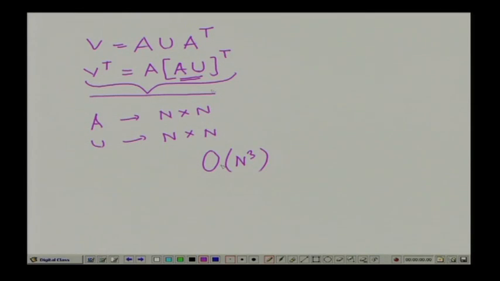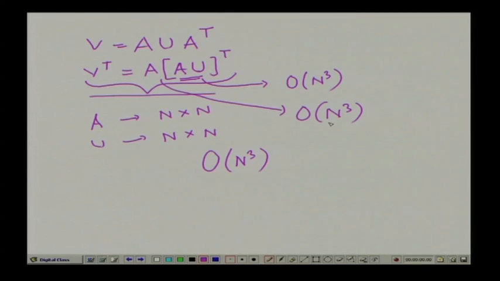So, to perform this first multiplication, we need of order n cube multiplications and additions. The resultant matrix is also of dimension capital N by capital N, and the second matrix multiplication, that is A with A U transpose, will also need of order n cube multiplications and additions.